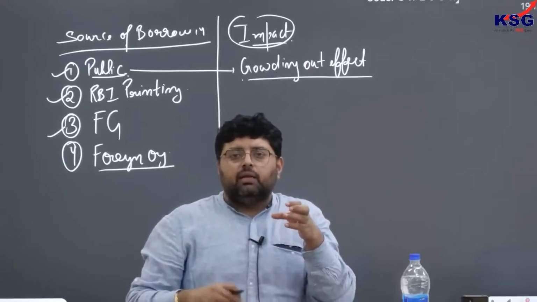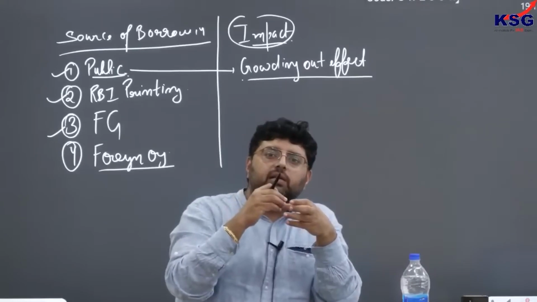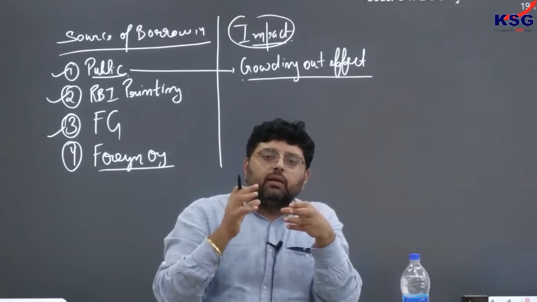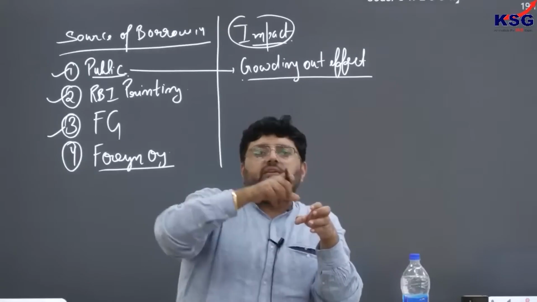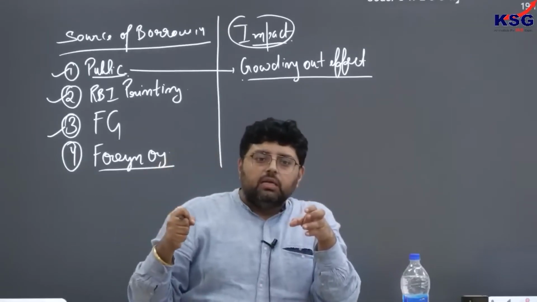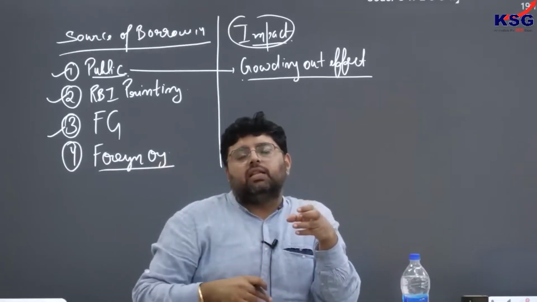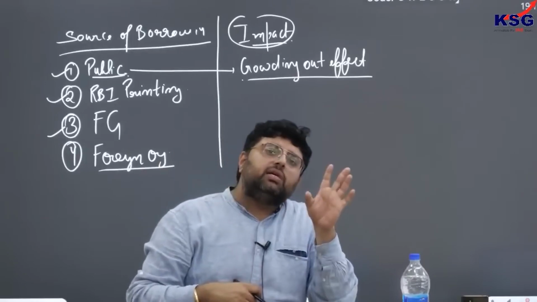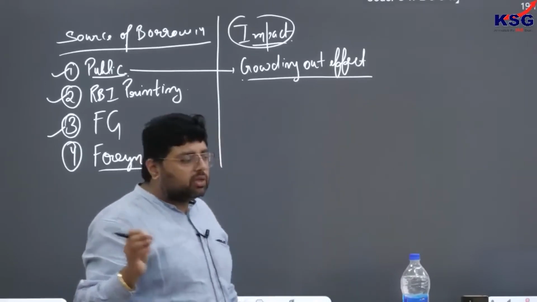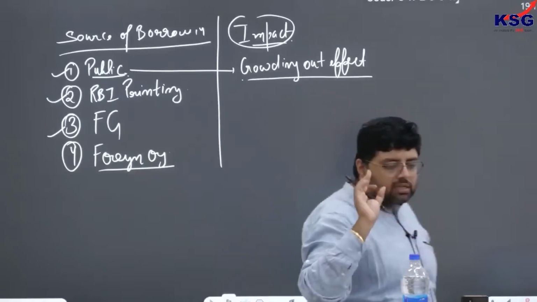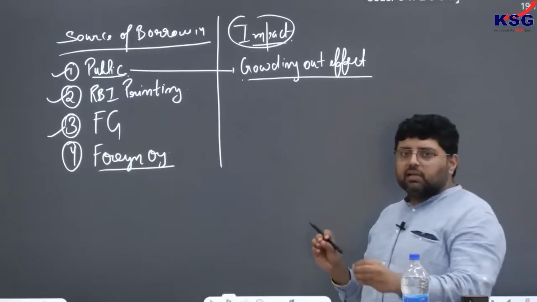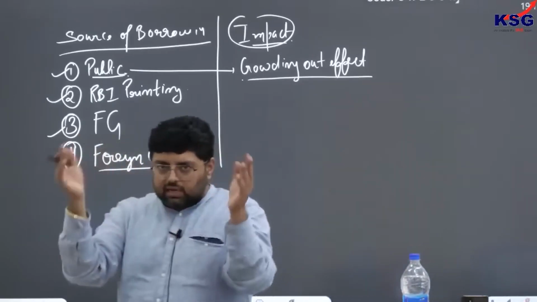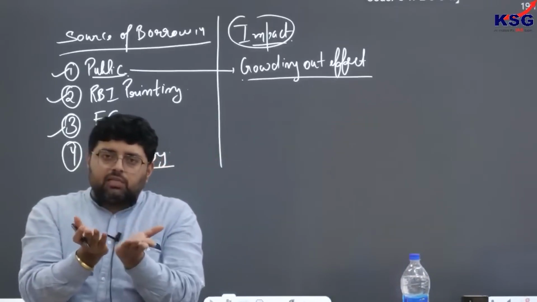So for this limited savings, both parties are dependent. But if the majority of savings are taken by the Government of India, the private sector is left with less money. That situation is known as crowding out effect.